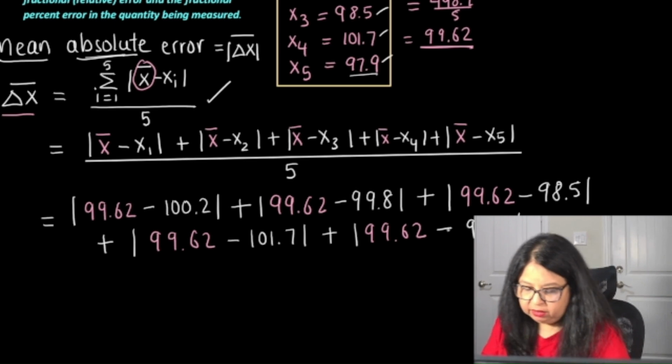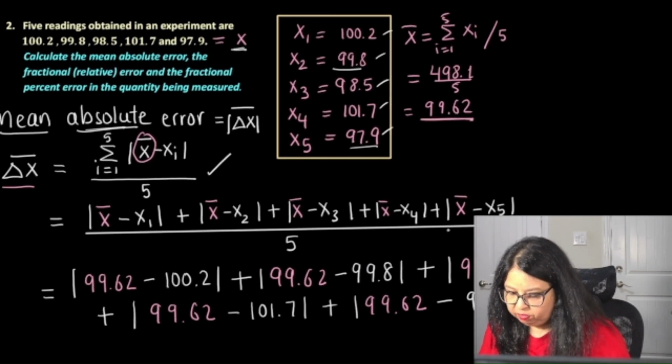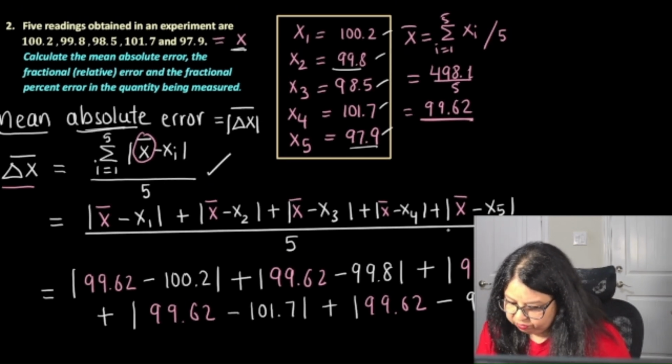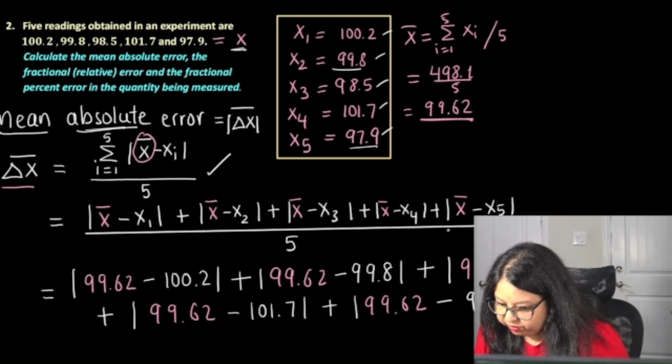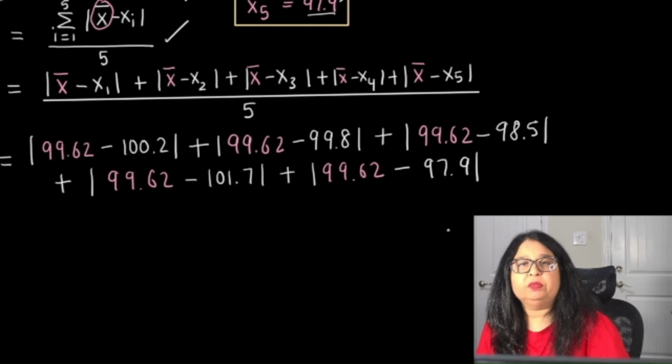Now let me check this before I go on to solve it. 99.62, all in pink. Then x1 is 100.2, x2 is 99.8, x3 is 98.5, x4 is 101.7, x5 is 97.9. Good.